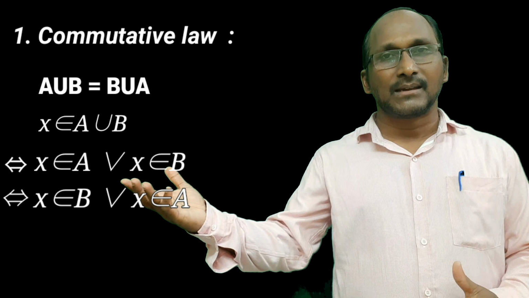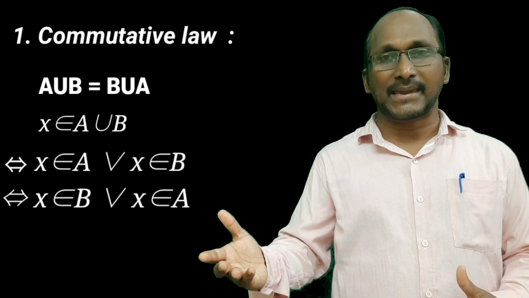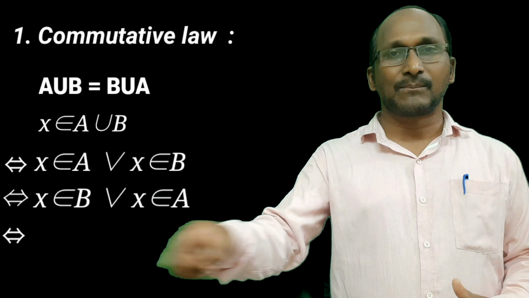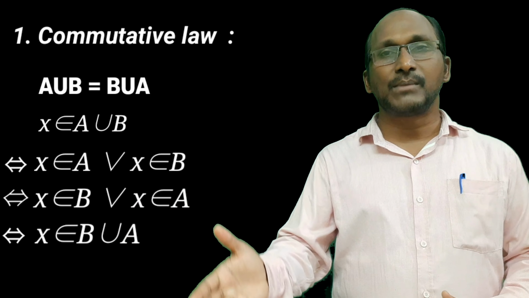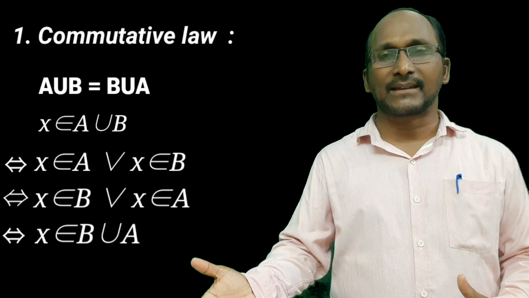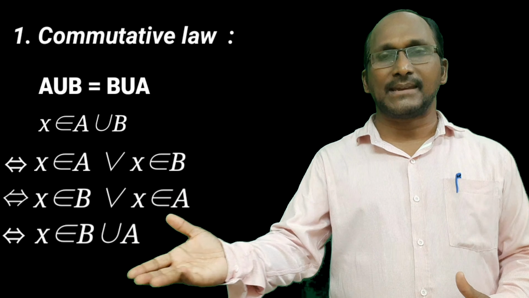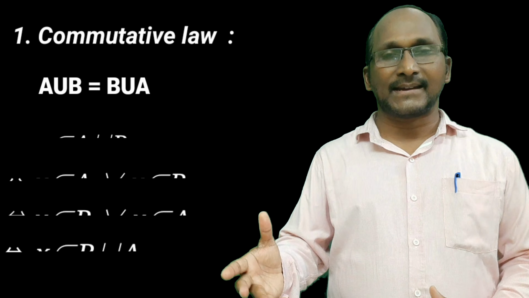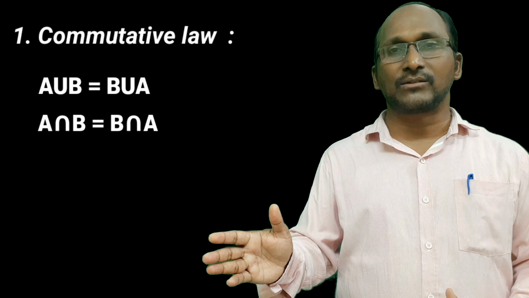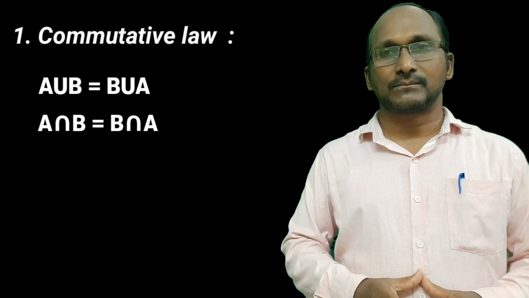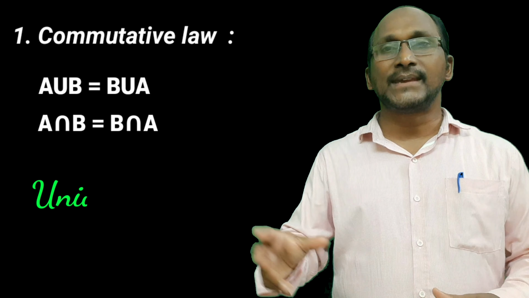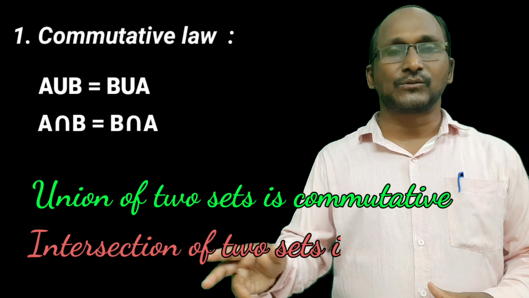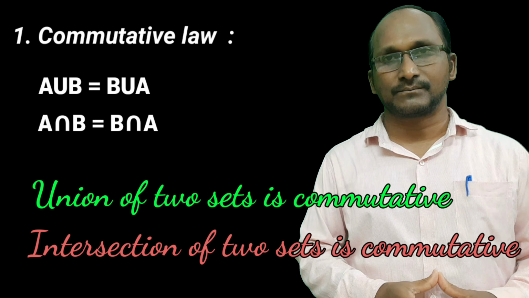That's why X belongs to A or X belongs to B can also be written as X belongs to B or X belongs to A. It also implies that X belongs to B union A. So from this we can conclude that A union B is equal to B union A. And in the same way, we can also say that A intersection B is equal to B intersection A. So we can state that union of two sets is commutative and also intersection of two sets is commutative.